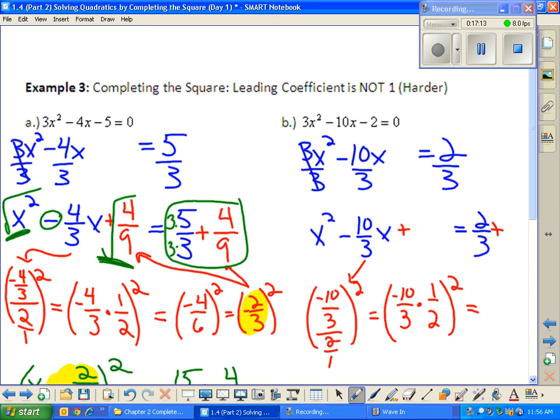So we have negative 10 over 6, right? Because you multiply straight across. Negative 10 over 6 reduces to negative 5/3. And then you square that. You square the top, you square the bottom. You get 25 over 9 added on to both sides.